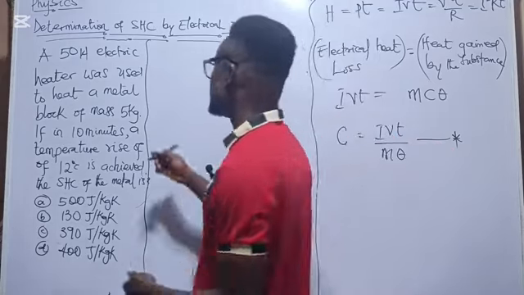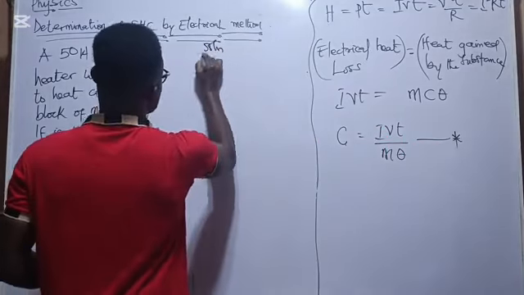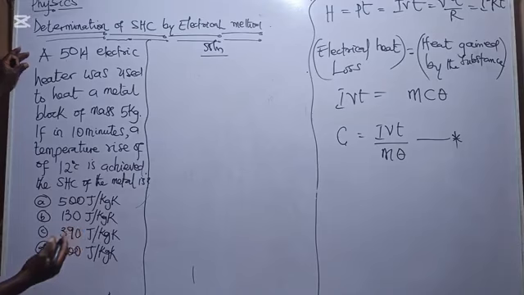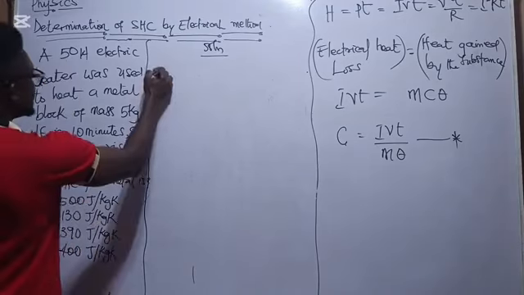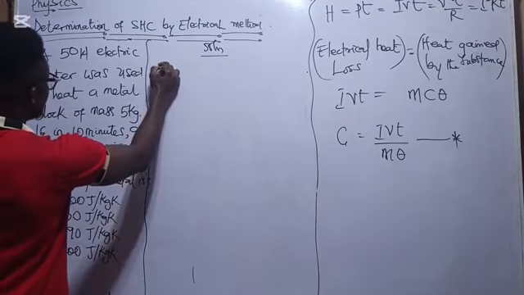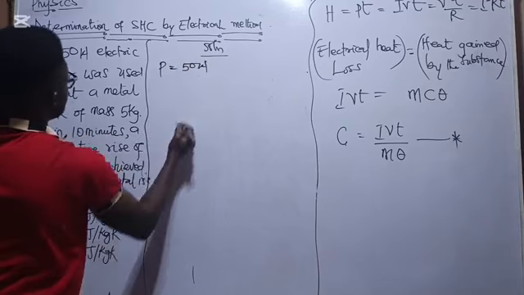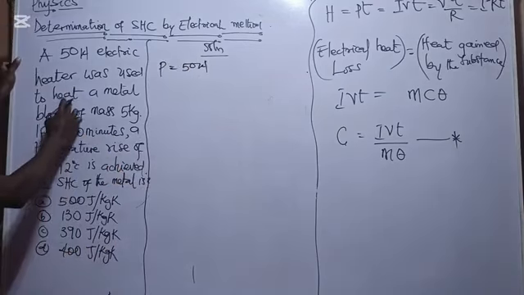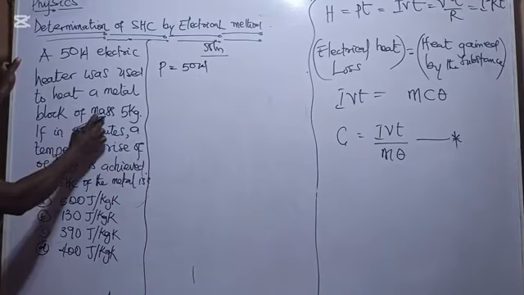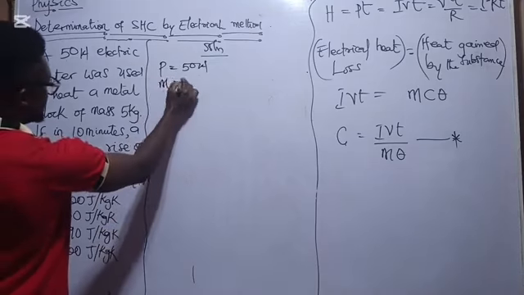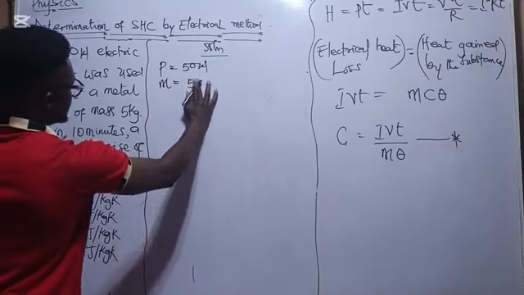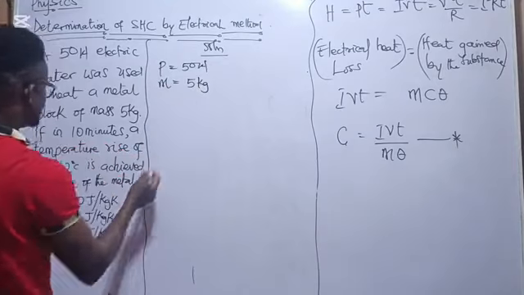So in order to solve this exercise, we have to write down the given parameters. Now we have a 50-watt electric heater, so we have the power given as 50 watts, used to heat a metal block of mass 5 kg. That's the mass of the metal block, 5 kg.